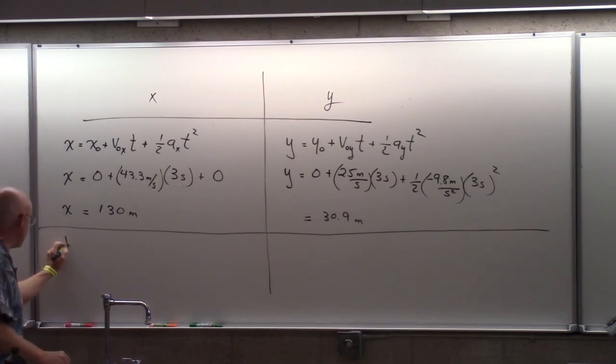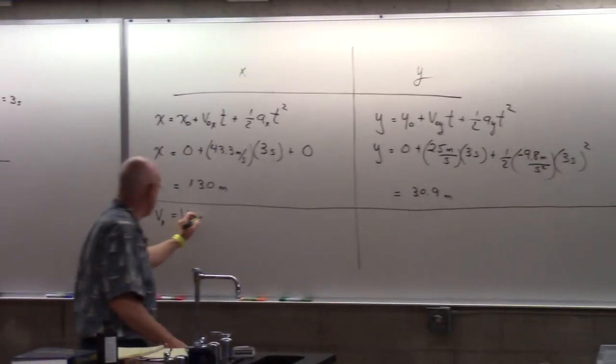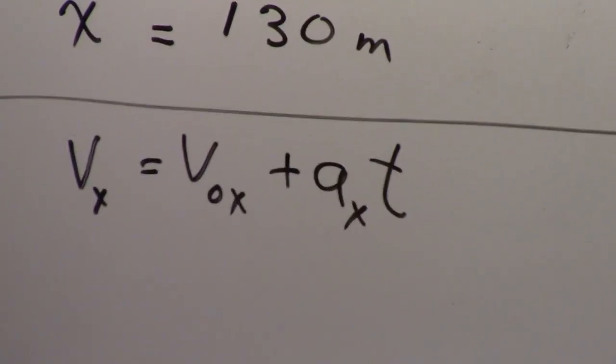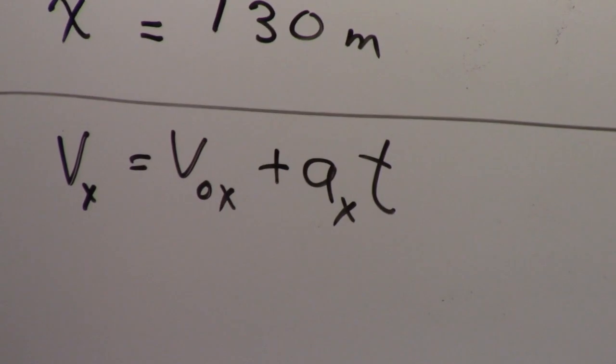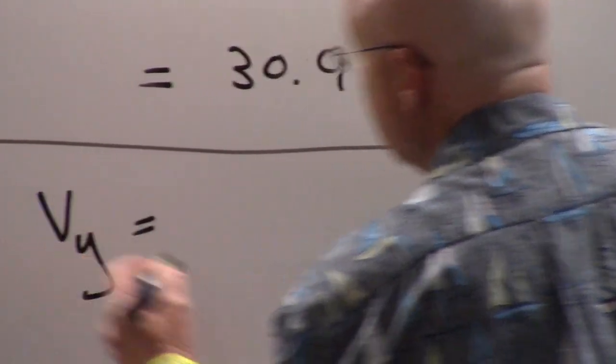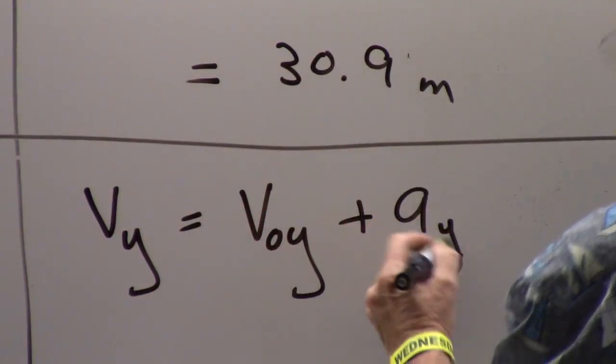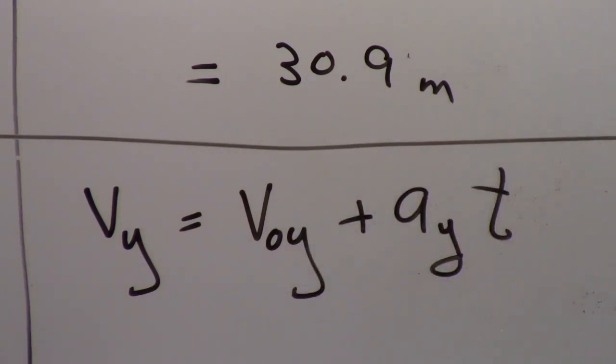This says velocity in the x direction would equal the initial velocity in the x direction plus acceleration in the x direction multiplied by time. And that same kinematics equation applied to the y would look like this. Velocity in the y direction would equal the initial velocity in the y direction plus the acceleration in the y direction times time.